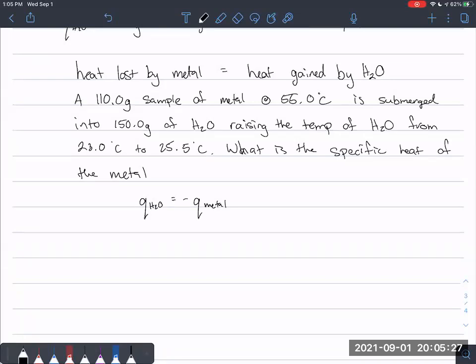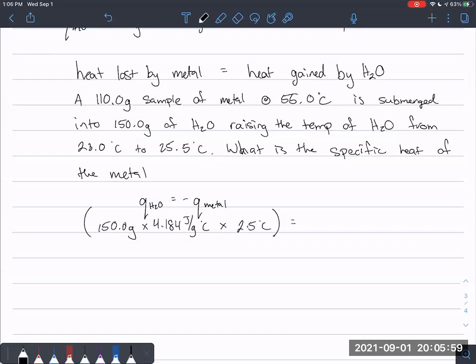Professor, would it be 0.483513? That's exactly right. So the heat for our water is going to be 150.0 grams times 4.184 joules per gram degree Celsius times our temperature change, which is 2.5 degrees Celsius.